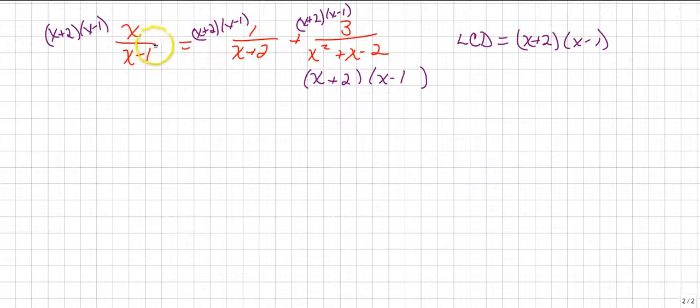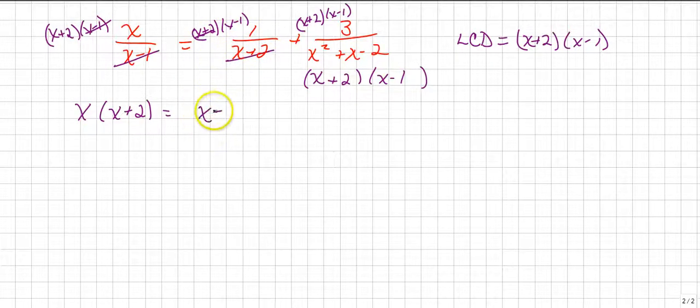So cancel time. X minus 1 cancels on the left, leaving x times the quantity x plus 2. On the right, the first fraction, the x plus 2 cancels, leaving 1 times x minus 1. I'll just leave that 1 off, don't need it.